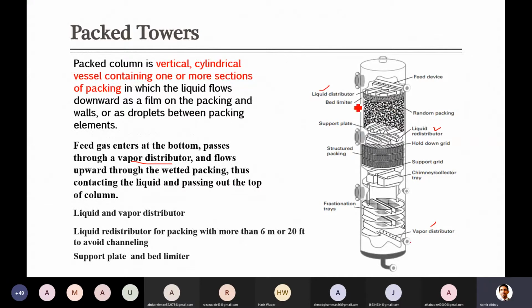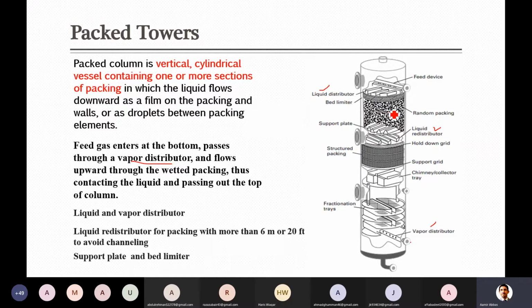So at the top, something called a bed limiter is installed, which limits the movement of the bed. The packing should stay properly structured. So you install a support plate and bed limiter to fix the packing at a specific place.